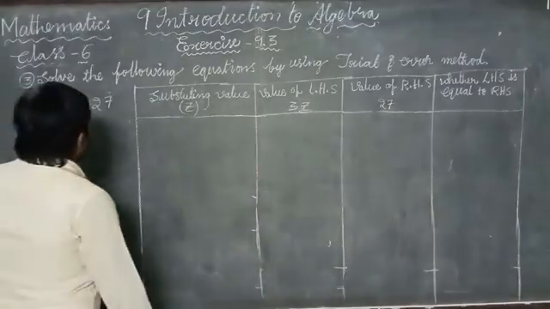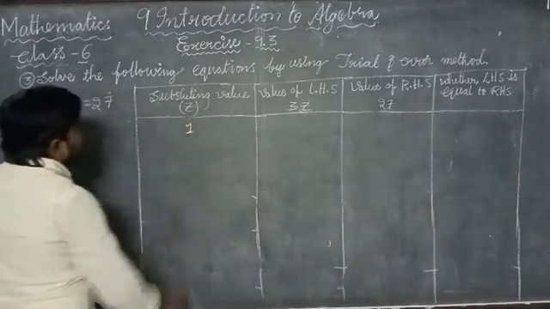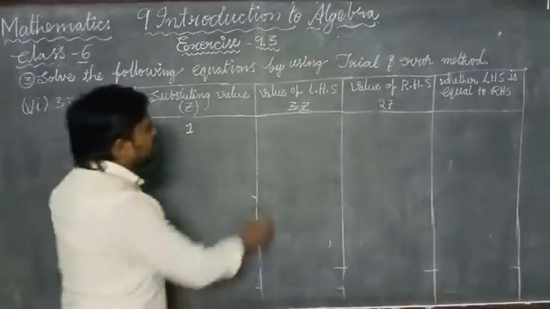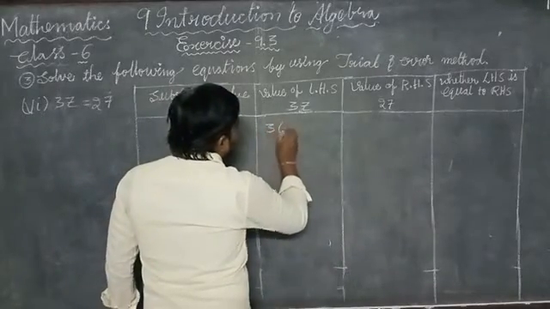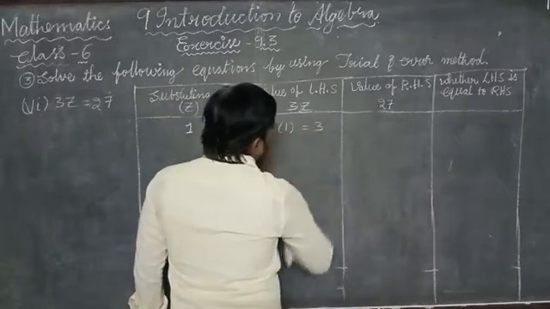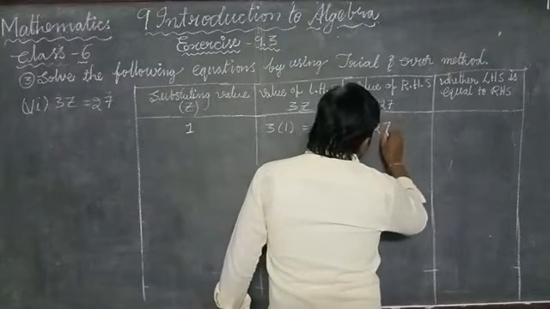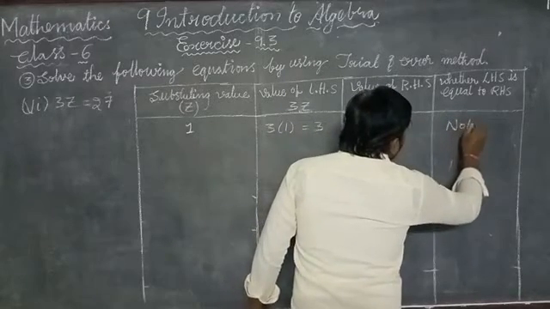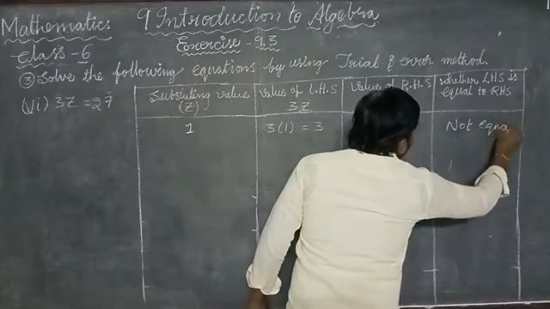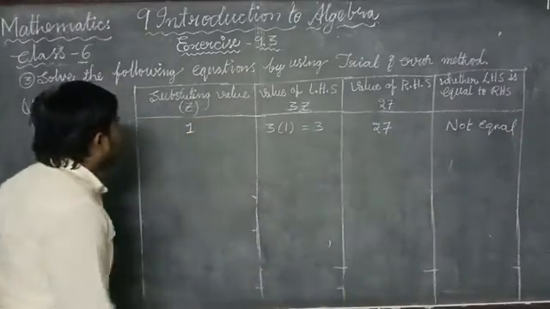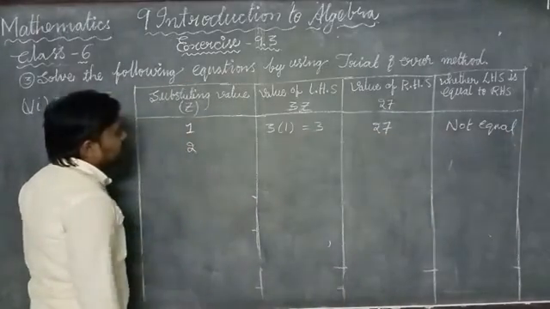Here we go with 1. If the value of z equals 1, then 3 into 1 equals 3, which is not equal to 27. Now let us assume z is 2.